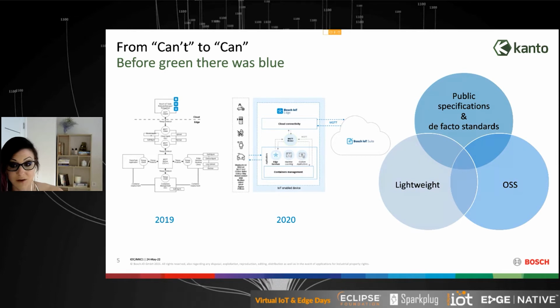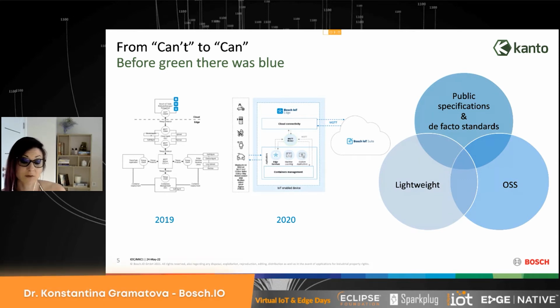Because it gives you the environment, it opens the door to contribute, to help evolve, and of course to help yourself by evolving the ecosystem around it as well. And this is how in 2020, actually October, we released the first version of the Bosch IoT Edge agent.